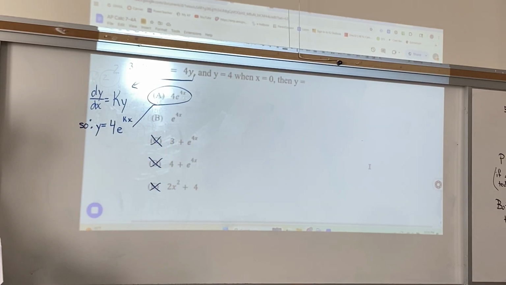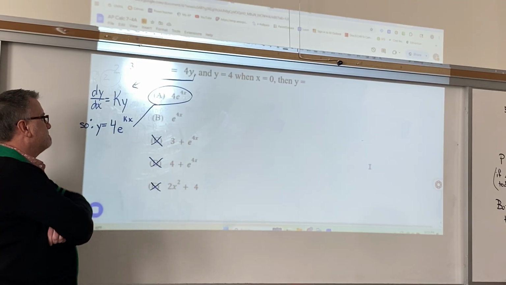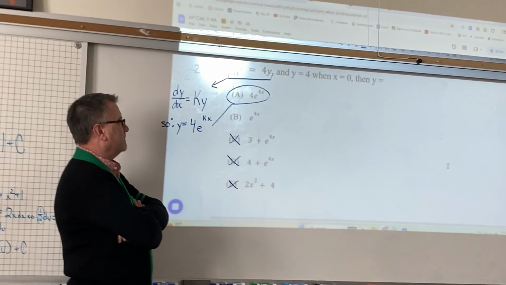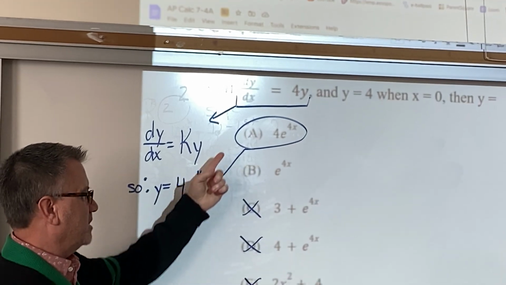That's the only one it could be. That's 1, 2, 3. Hey, we'll say 4 for tomorrow, which is not as bad as it looks. Just because it has words in it doesn't make it bad. It's actually pretty easy. I mean, you could keep going and figure out what k is, but there's only going to be one that's going to match.